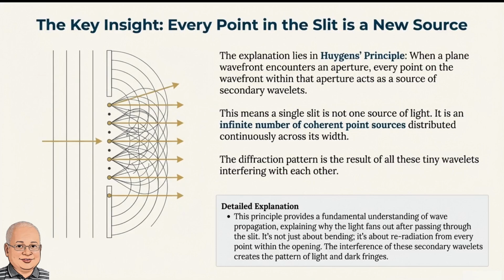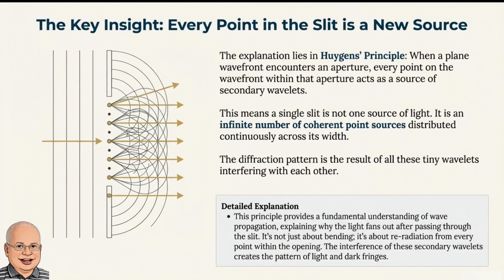So every point is another new source. So the light in the single slit is not coming out of a single source, but it is an infinite number of coherent point sources distributed continuously across the width of this slit. The diffraction pattern is the resultant of all these tiny wavelets which interact with each other.